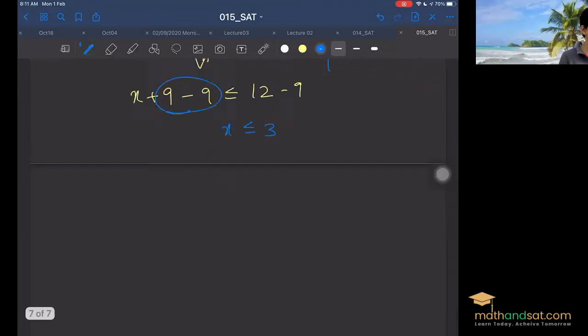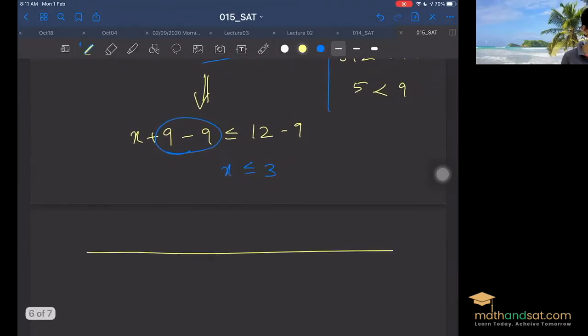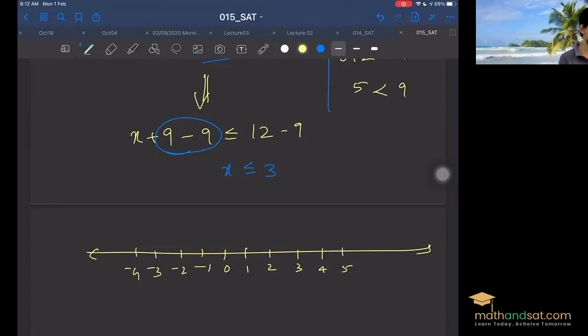On the number line, this can be represented as 0, 1, 2, 3, 4, 5, -1, -2, -3, -4. x is less than or equal to 3. So 3 and all numbers to the left of 3 are included here. Got it? That's very simple.